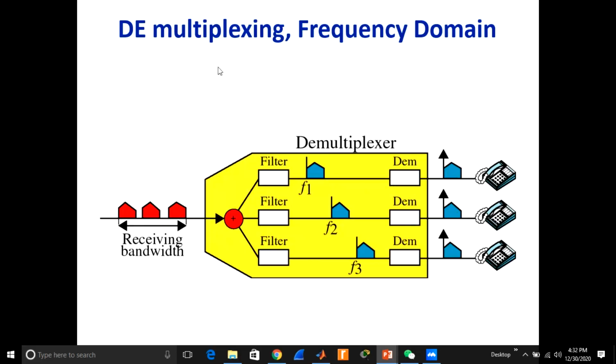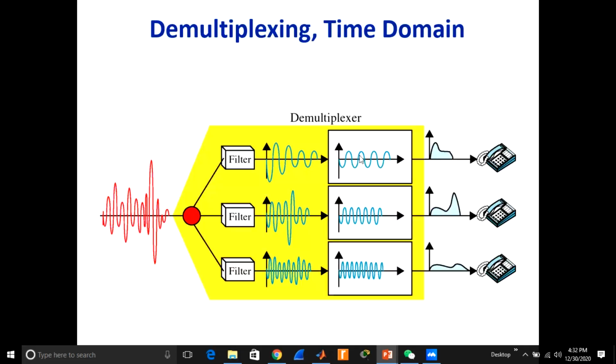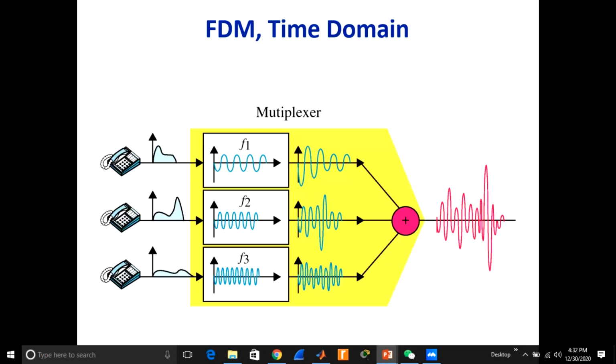So this is FDM in the frequency domain, and this was FDM in the time domain. In simple terms, in the case of FDM, we use one line, one link between the transmitter and receiver, shared by multiple devices. These devices can send their signals only over one line.